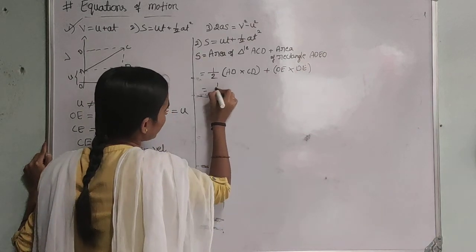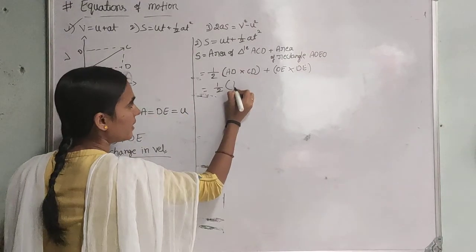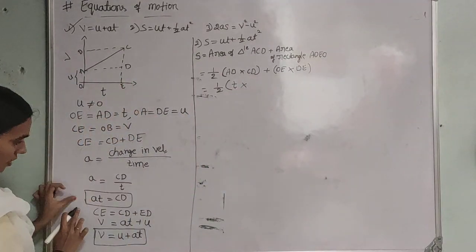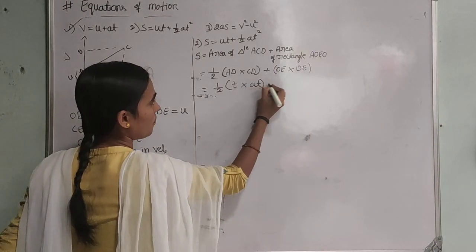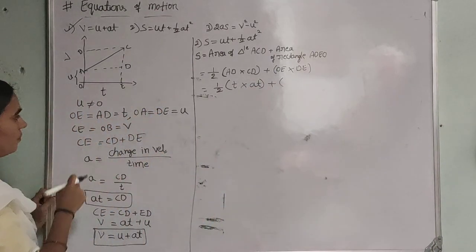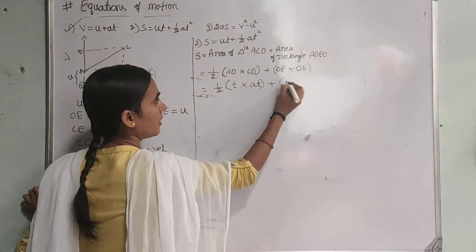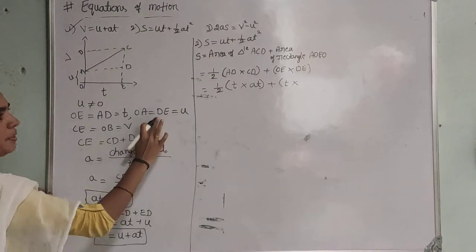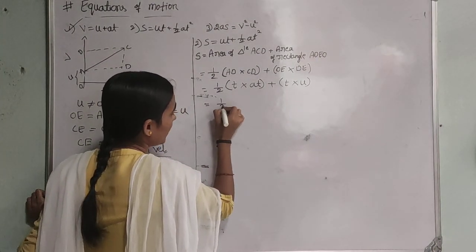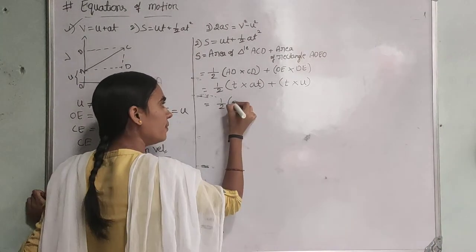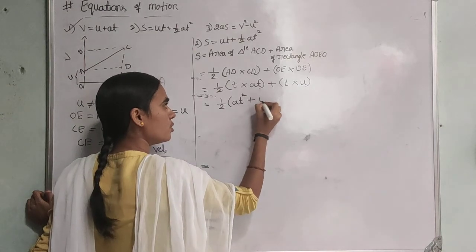The value of AD is T, and the value of CD is at. The value of OE is T, and the value of DE is U. Then half into at into t is half at square, plus u into t, that is ut.